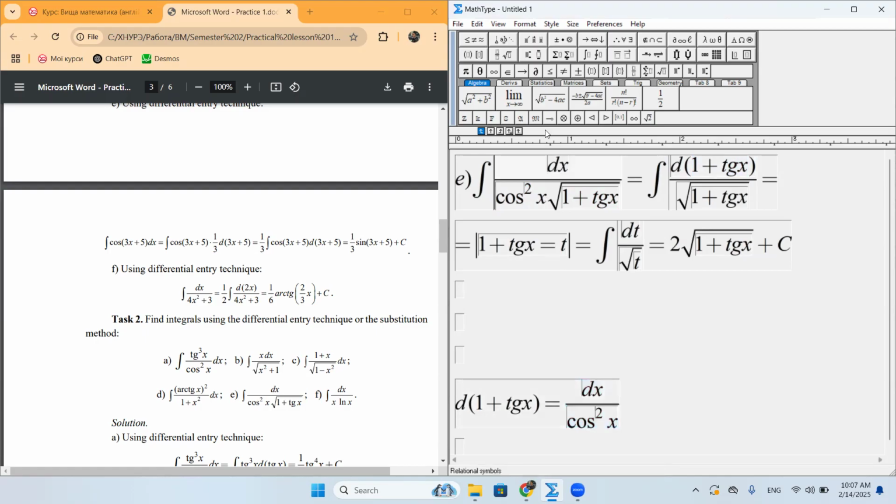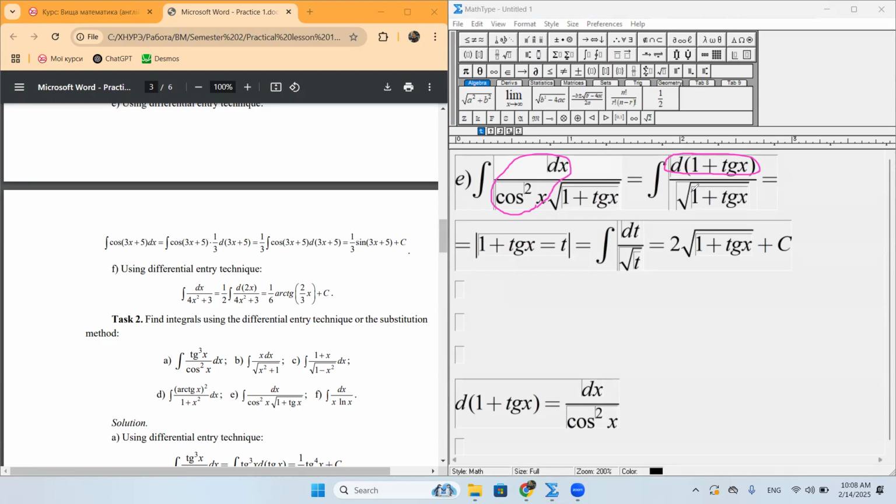Or maybe let me draw. This differential became this. So nothing is broken, nothing changed. And we just integrate like a power function, simplifying it. Have I answered your question, or did you mean something else?